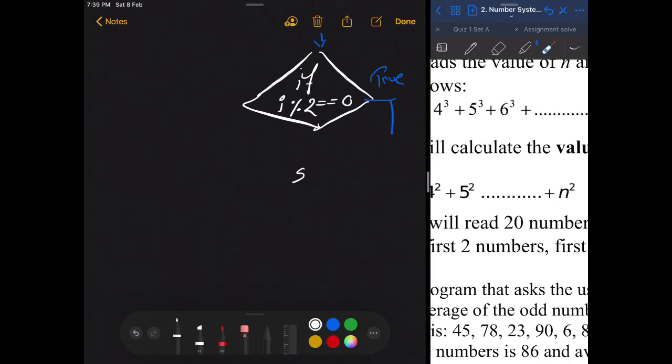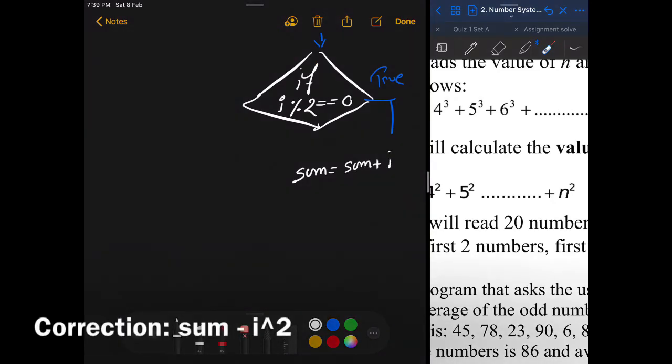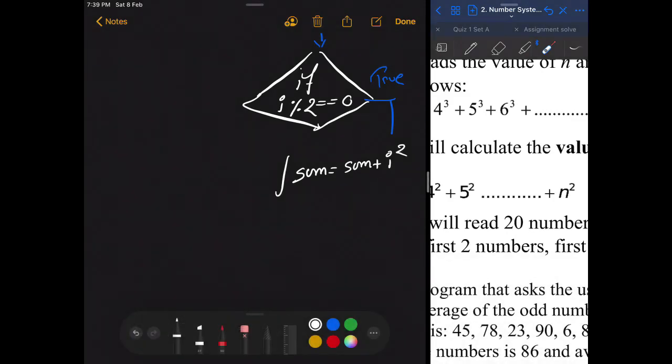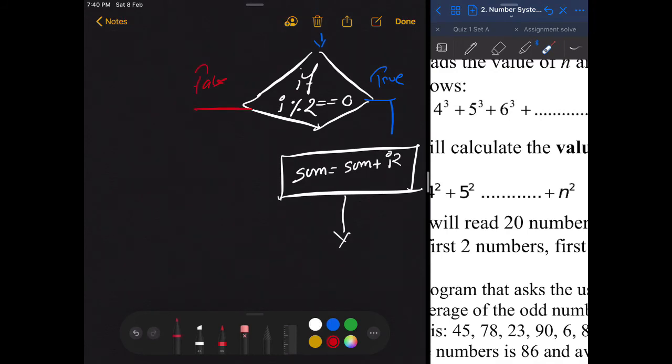Then we do sum equals sum plus I square. As this is a calculation or a process, we are going to put a parallelogram here.